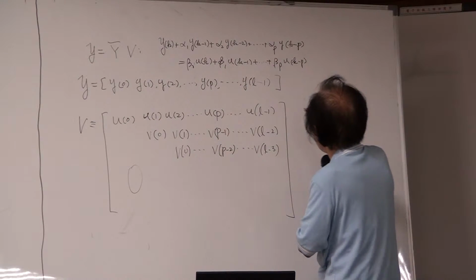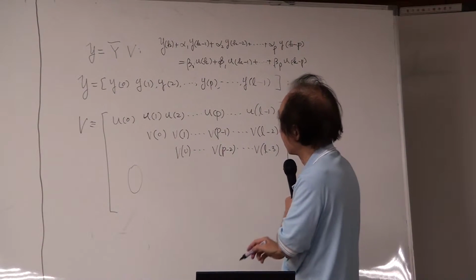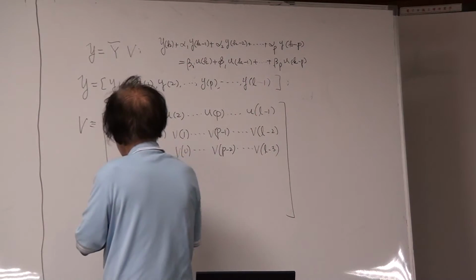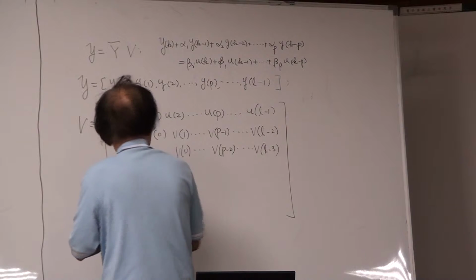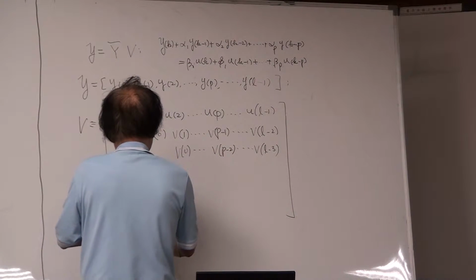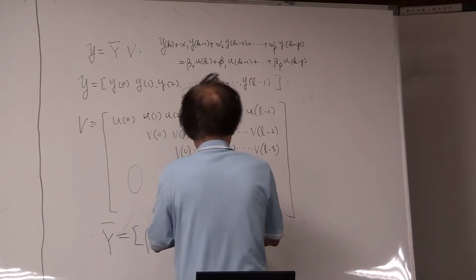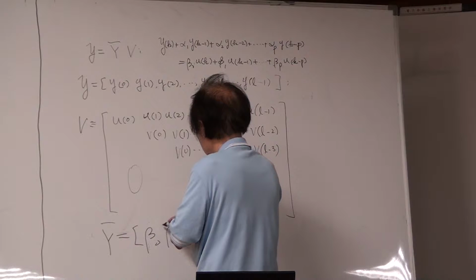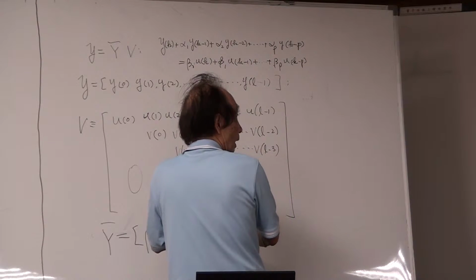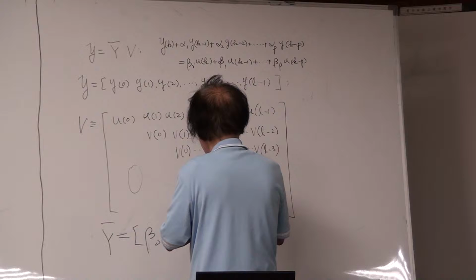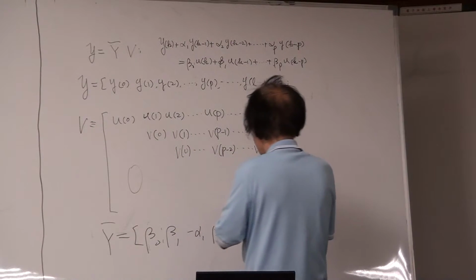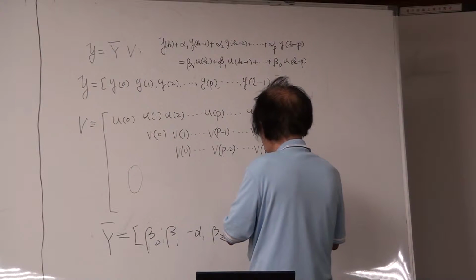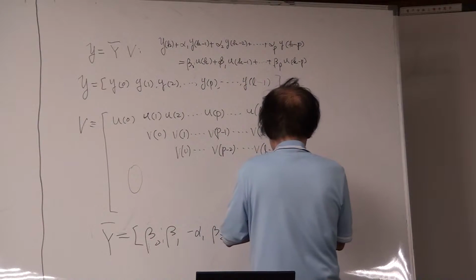Alright, then here my y bar, if you look at this, my y bar here equals beta 0, beta 1 minus alpha 1 beta 0, minus alpha 1 beta 2, and then minus alpha 2 beta 3, and then dot dot dot.